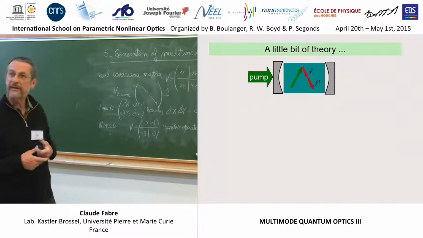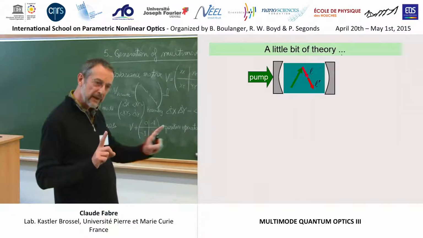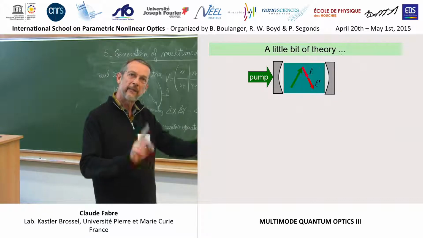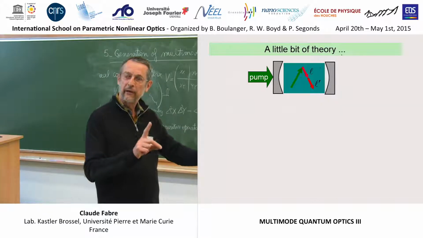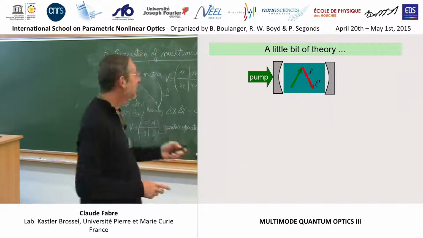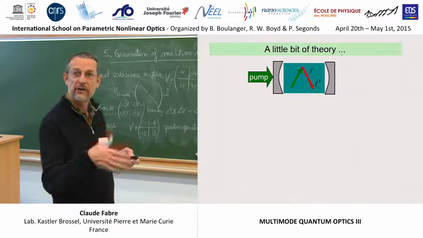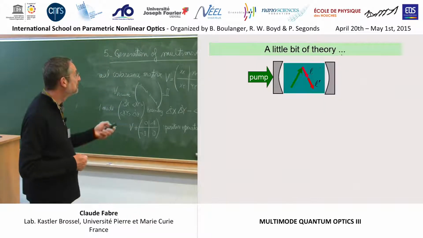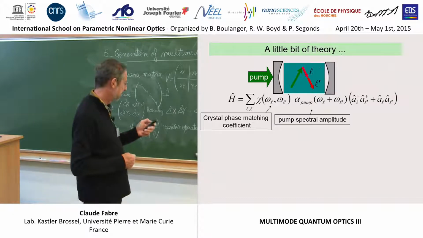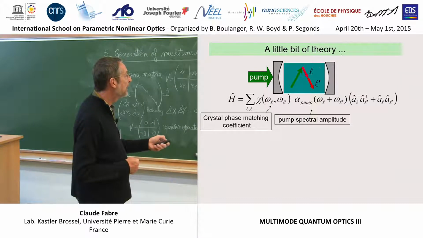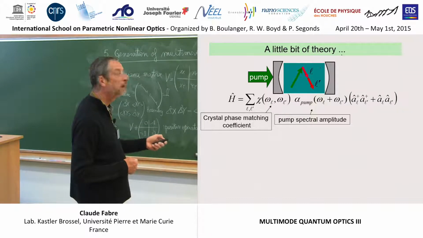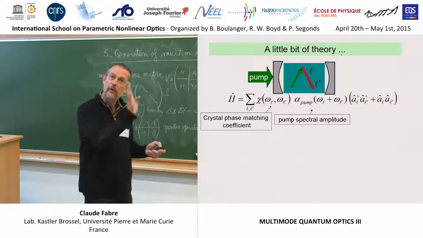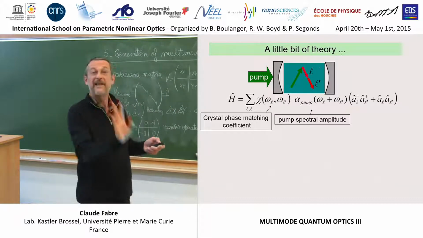Okay, so what happens? What we are showing is that we are creating at the same time photons in different frequency bands. So the Hamiltonian, which is responsible for the interaction of all that, will be something depending on creation of two photons. So L and L prime label the frequency components, the teeth of the comb.